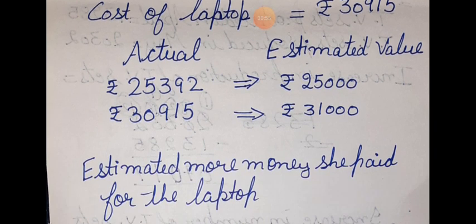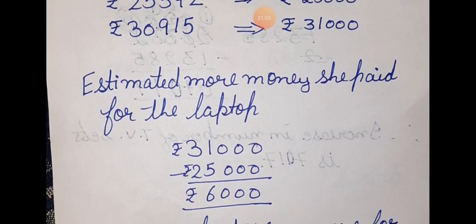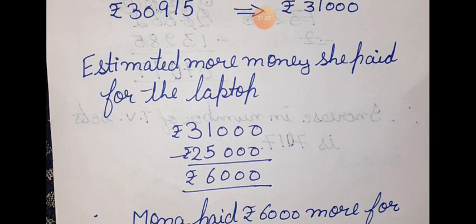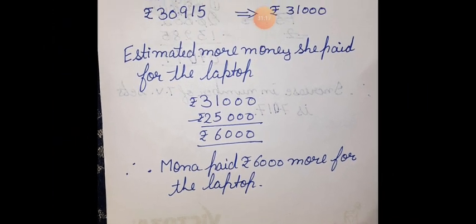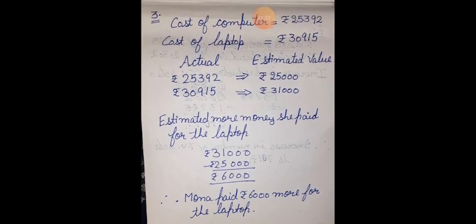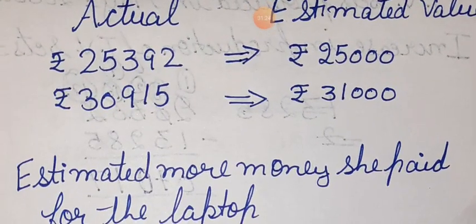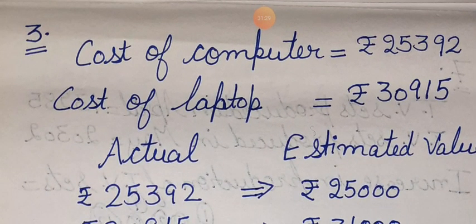So the estimated more money she paid for the laptop is rupees 31,000 minus rupees 25,000. The answer will be 6,000. Therefore, in the last solution line: Mona paid rupees 6,000 more for the laptop. This is how you solve question number 3 of exercise 4.4. This is your whole sum. I hope it is clear to all.